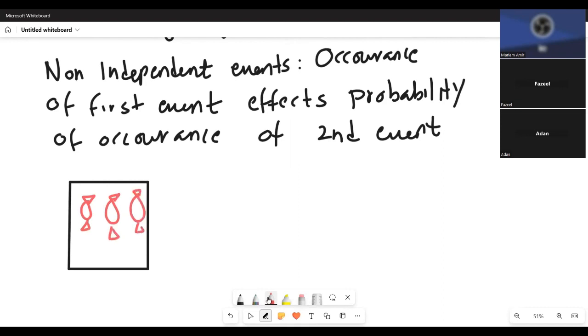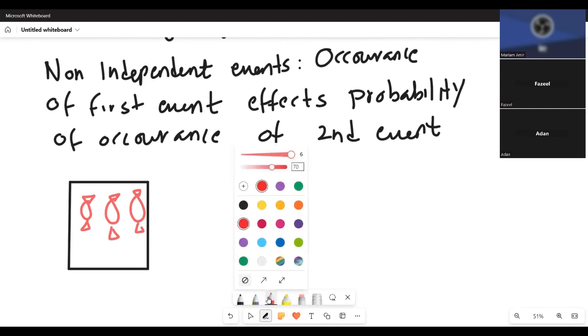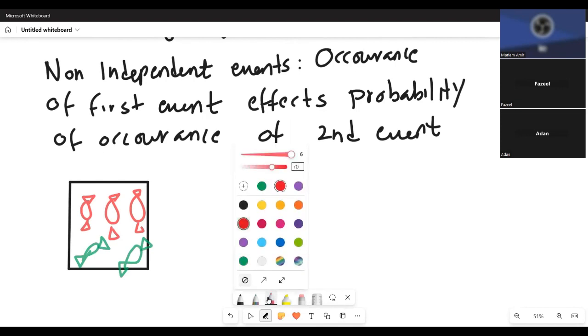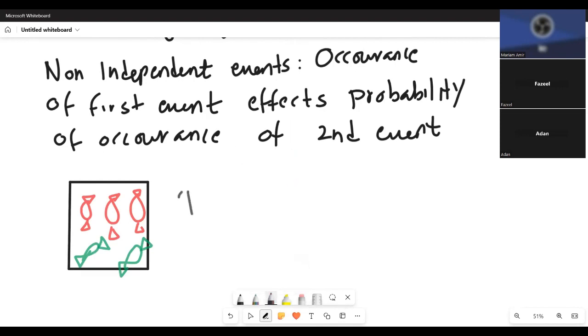An attempt is being made to draw candies. Find the probability that the first candy is red and the second candy is green. So two candies are drawn from this box.